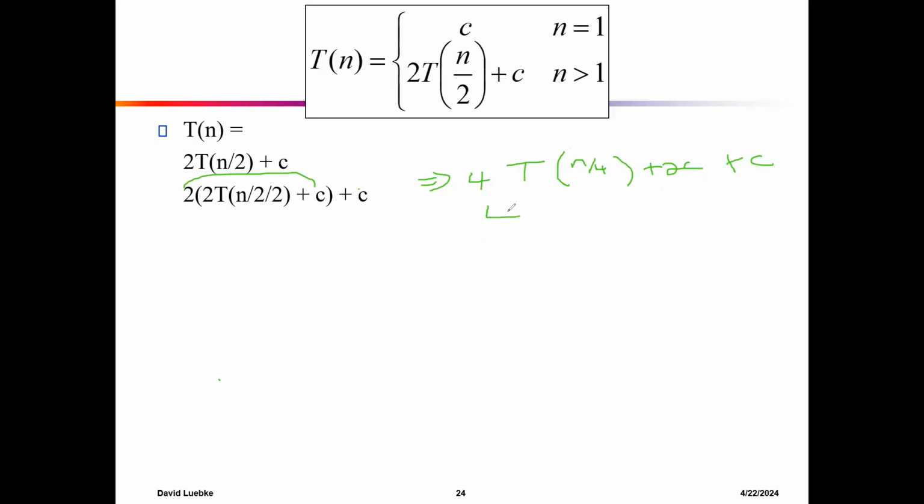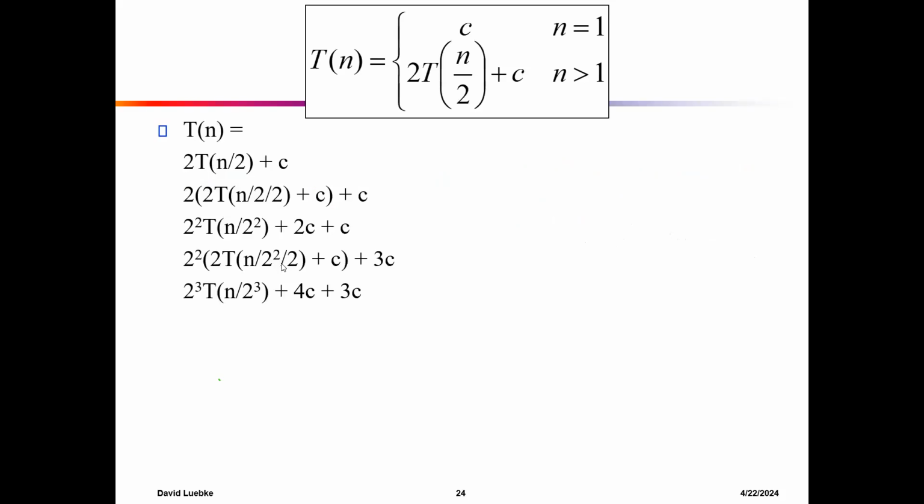So that will give you 4t of n over 4 plus 2 and 1 is 3c. See, over here had 2, but only 1c. Now over here has 4, but 3 c's, 1 less c. Okay? Let's go again.